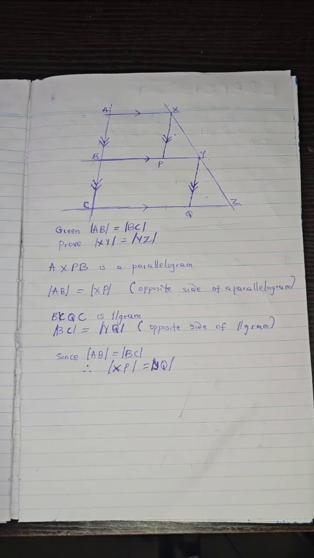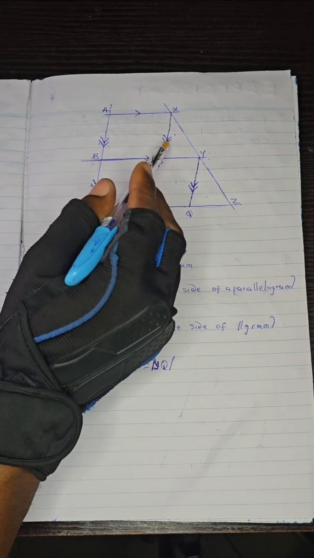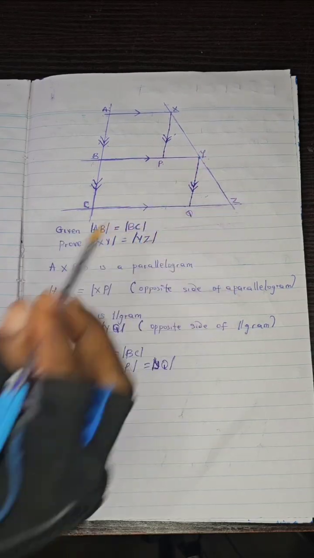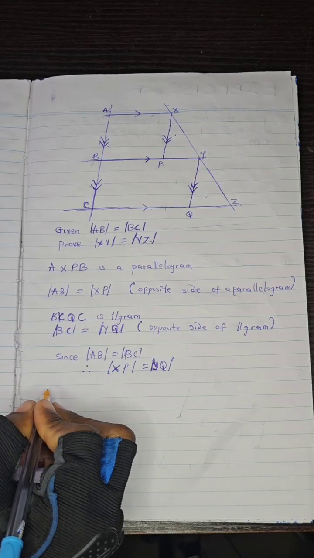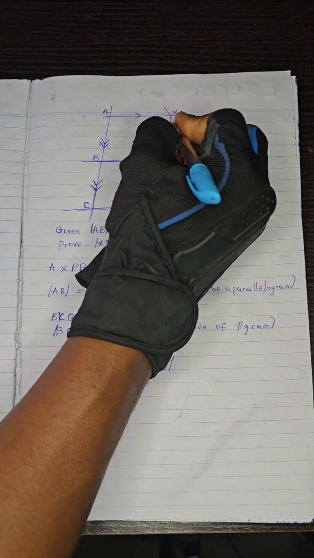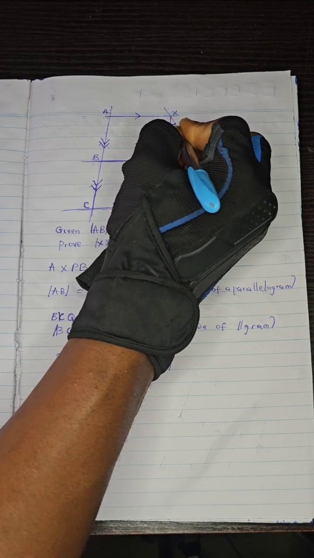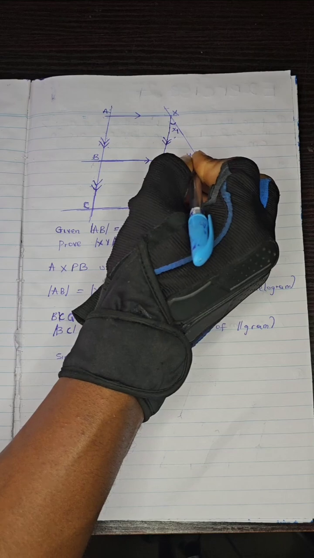So the next thing we are going to do is consider these triangles, triangle XPY and triangle YQZ. Understand? So let me create an angle here and call that angle X1. Create another one here and call it Y1.